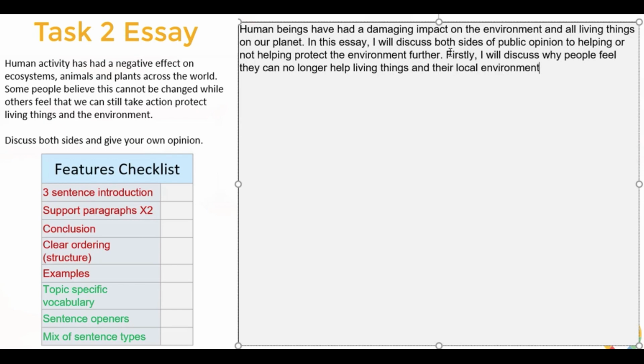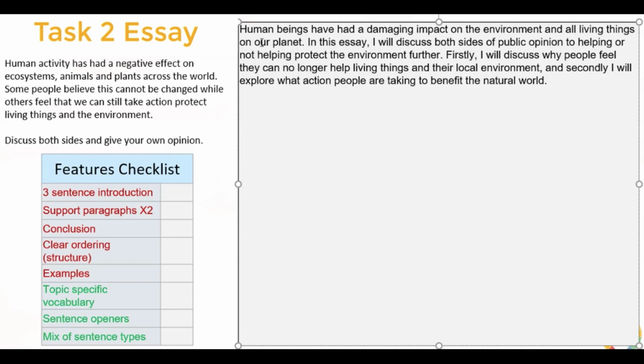I'm just trying to find new synonyms to add here. And secondly, I will explore, instead of discuss, what action people are taking to benefit the natural world instead of environment. So already I'm using some topic specific vocabulary, which is great.